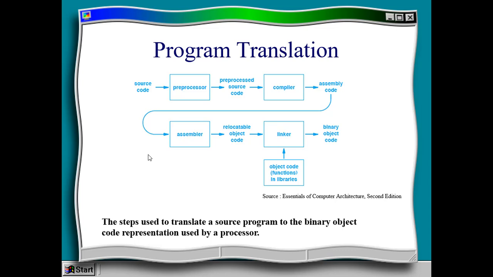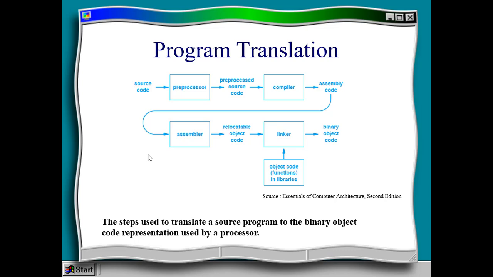Although it is closer to the form needed by a processor, assembly language can be read by humans. An assembler translates the assembly language program into a relocatable object program that can contain a combination of binary code and references to external library functions.